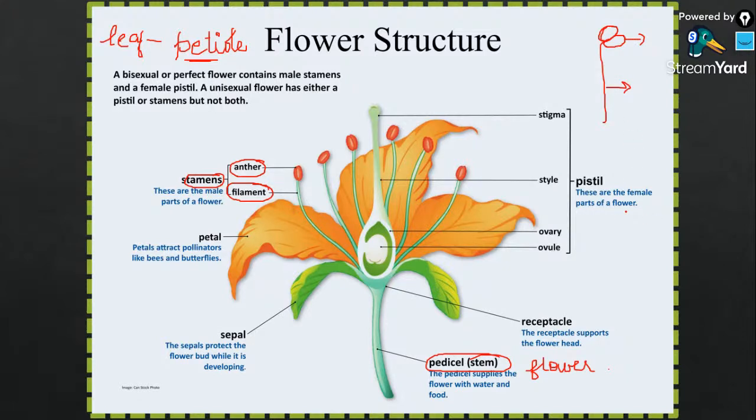Clear? And the pistil or gynoecium is the female reproductive part of a flower. It is composed of the stigma, style, ovary, and the ovule. That is this structure.